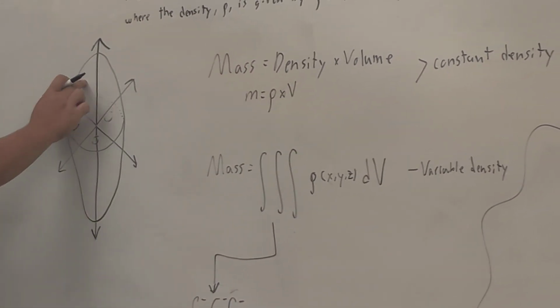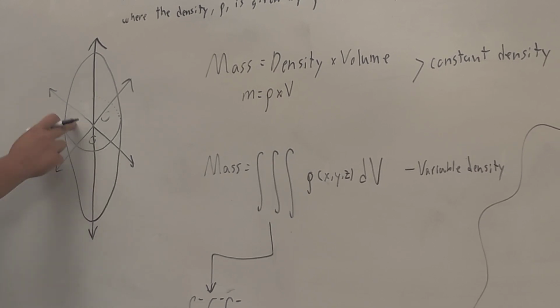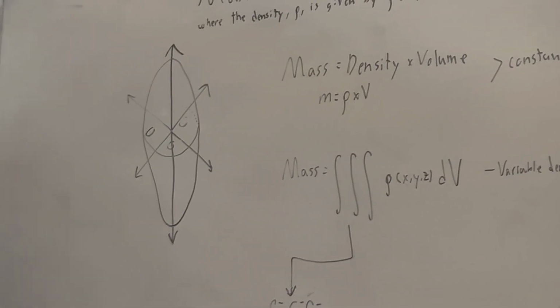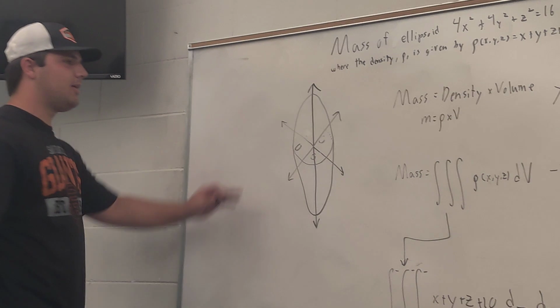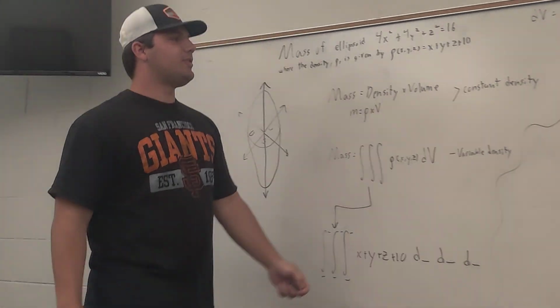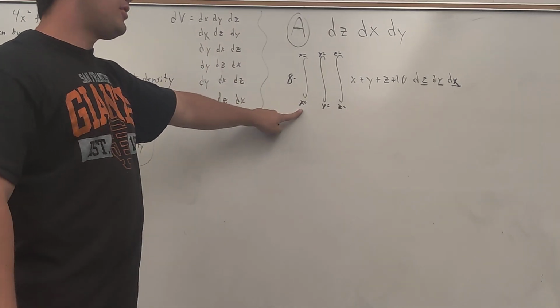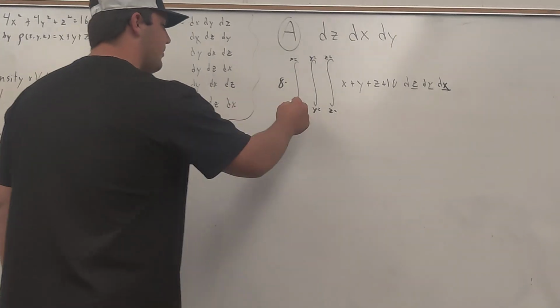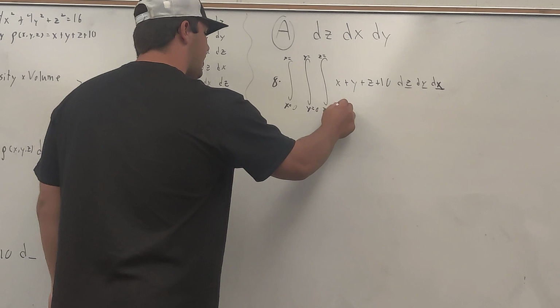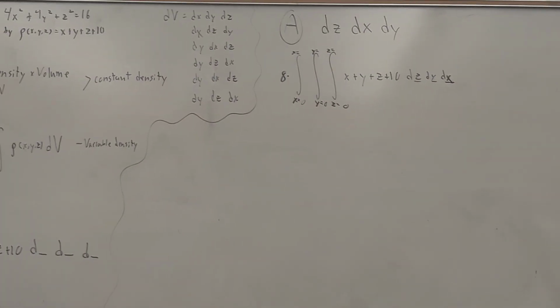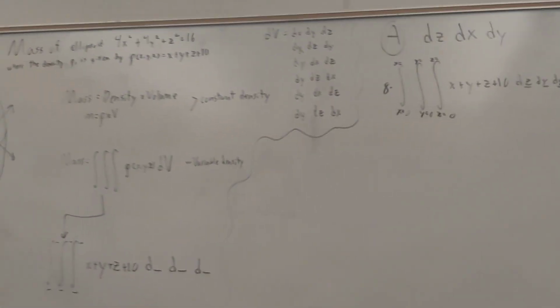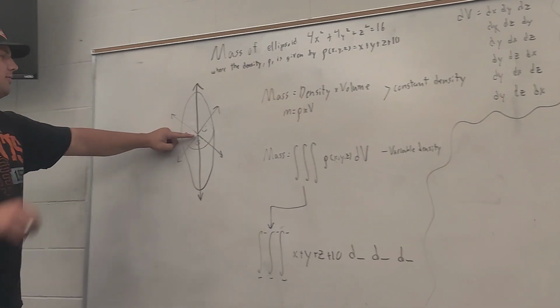So you're able to do 8 times one part, and that makes the limits much easier to solve for. It makes all the bottom limits 0 because you're starting from the origin.